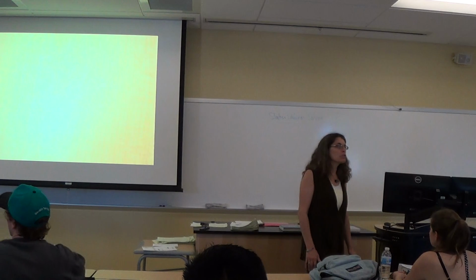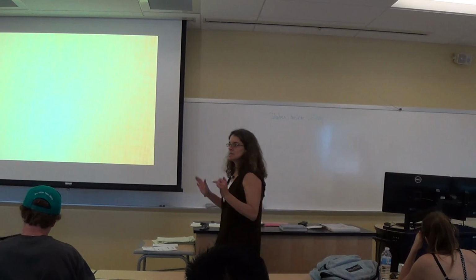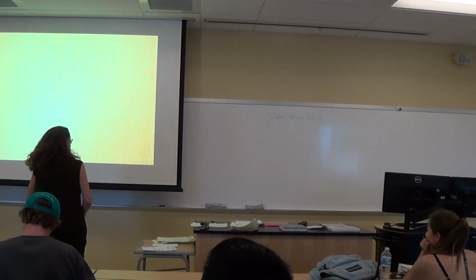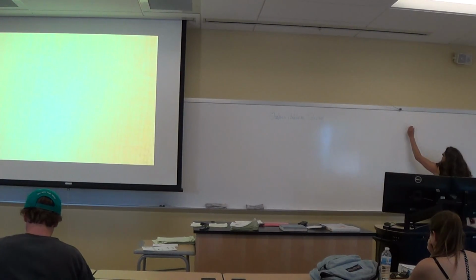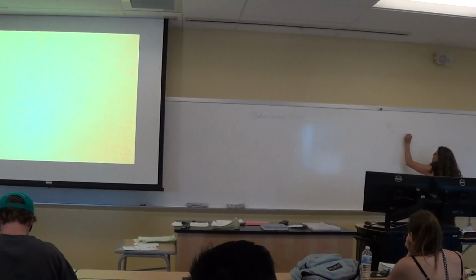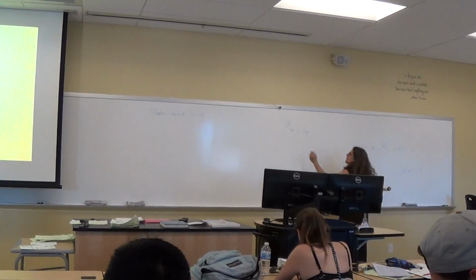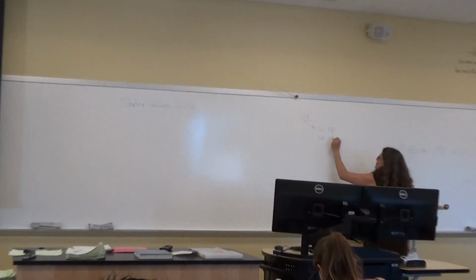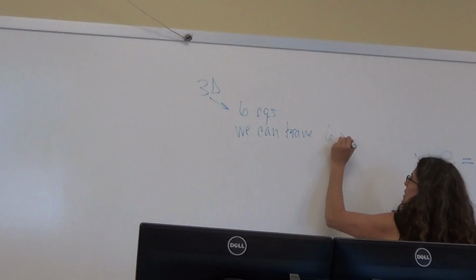So if it's a 3D problem, how many equations do we have per body? 6. We have 6 equations, which means we can have 6 unknowns.